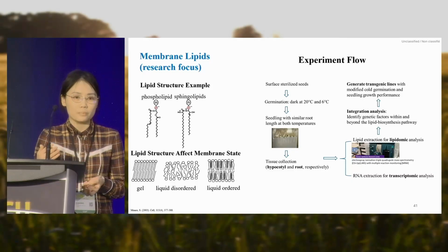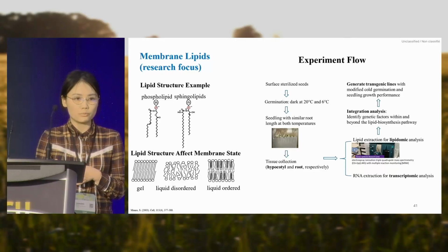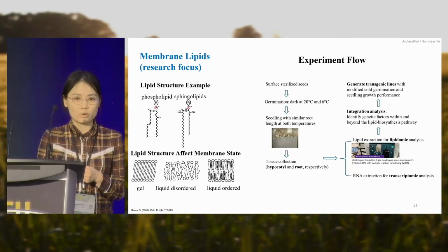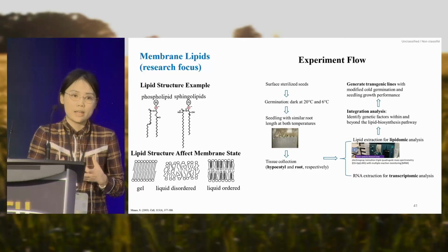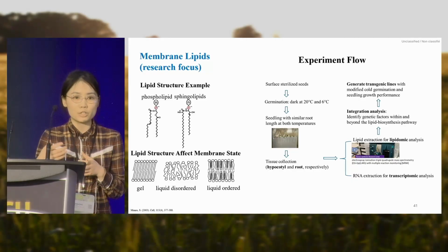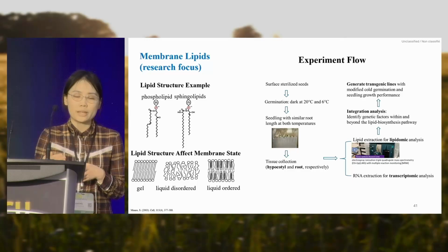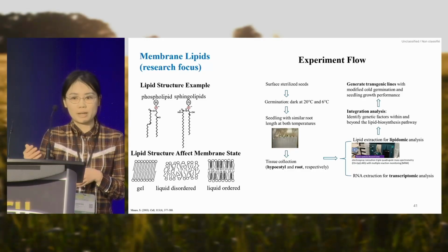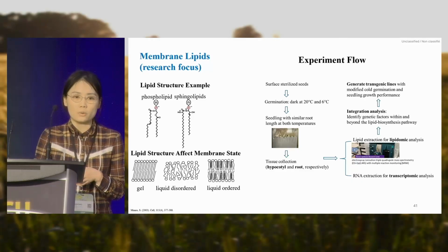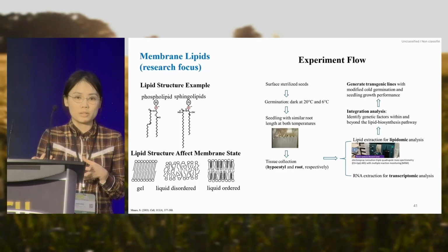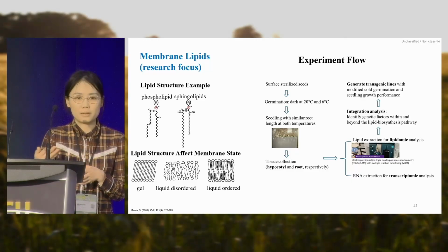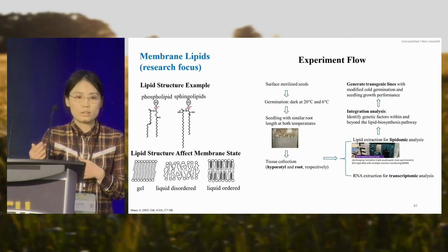The tissues, including hypocotyls and roots from those seedlings, were collected for lipid extraction and RNA extraction, for lipidomic analysis and RNA-seq analysis. Our aim is, by integrated analysis of those two data sets, to find some genetic factors within the lipid biosynthesis pathway or beyond the pathway, and then functionally verify the roles those genetic factors play in cold germination in transgenic canola.